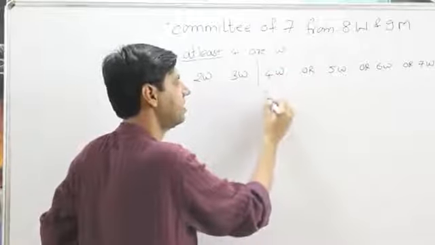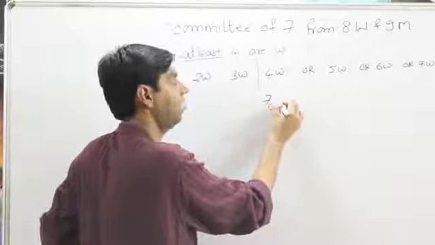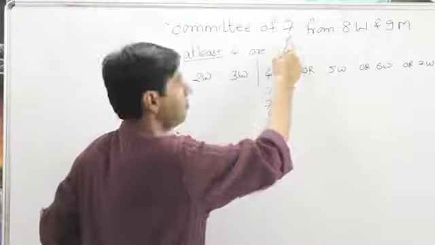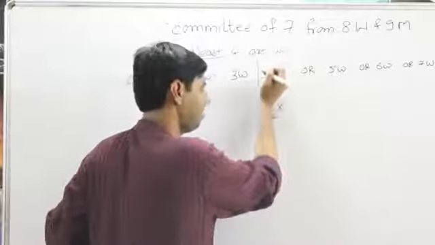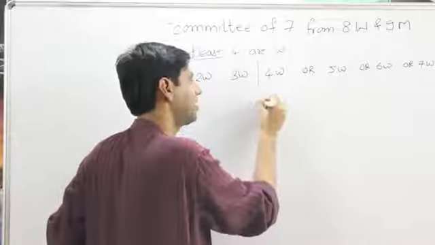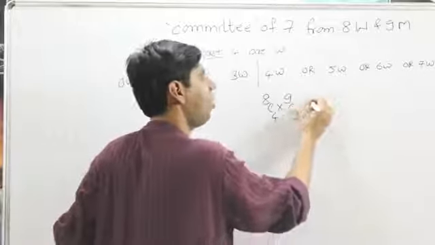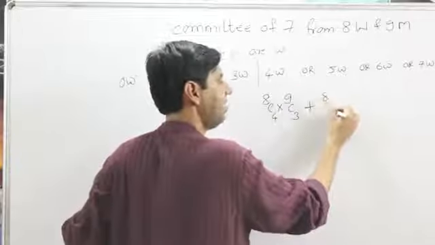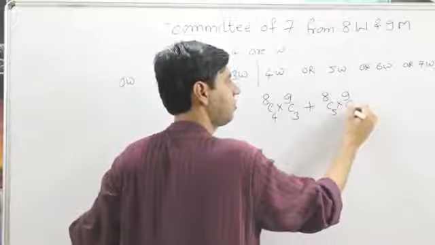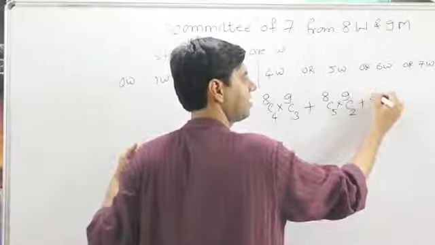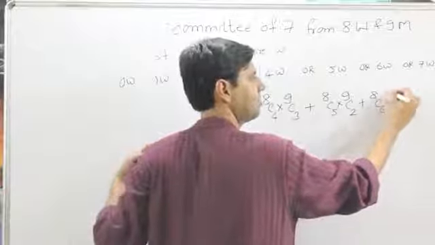So I'll just write the answer to this. 4 women is 9C4. The job doesn't end there. I also need to fill in the other 3 positions from men. I'm sorry, there are 9 women, so that's 9C4 into 8C3, or 9C5 into 8C2, or 9C6 into 8C1, or 9C7. This is what we had done earlier also.